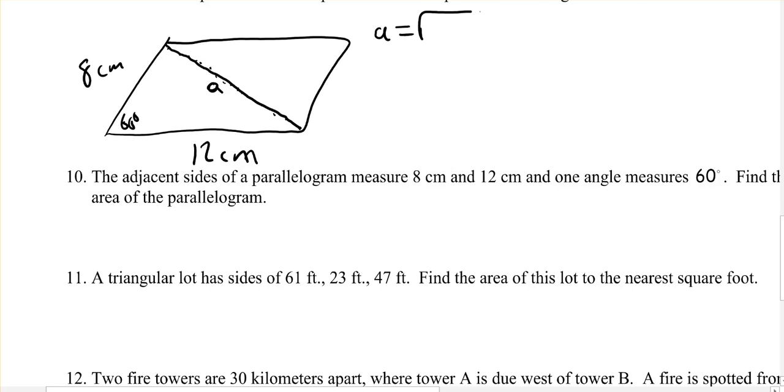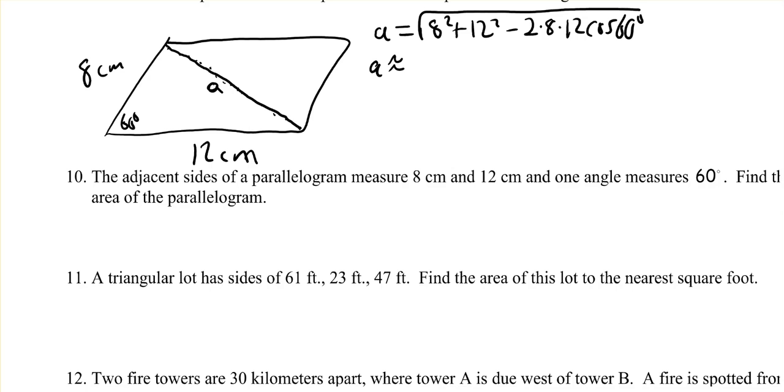So A would be equal to the square root of B squared plus C squared minus 2BC cosine of the angle in between. If you wanted to do that to find A, the length of the diagonal, you could figure out that it is about this.